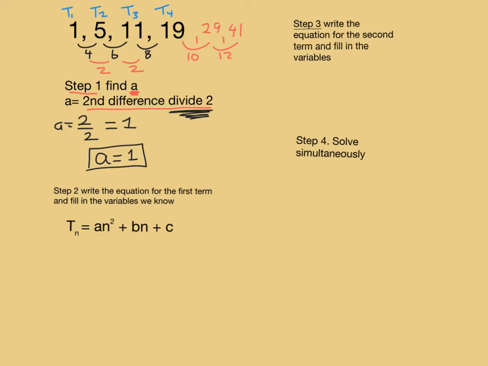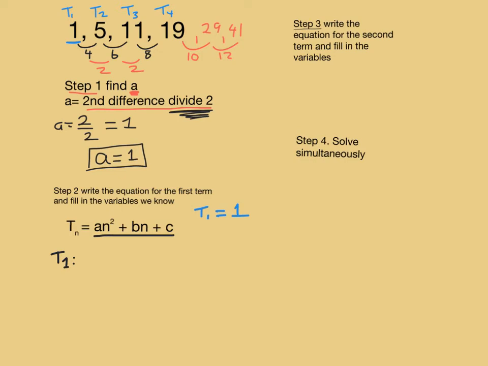Okay, so step 2, write the equation for the first term and fill in the variables that we know. So we know that our first term, T1, is equal to the number 1, and we can see that here. So what I'm going to do is write T1, and what I'm going to say is T1 is equal to, so I'm going to fill in anything I have here.